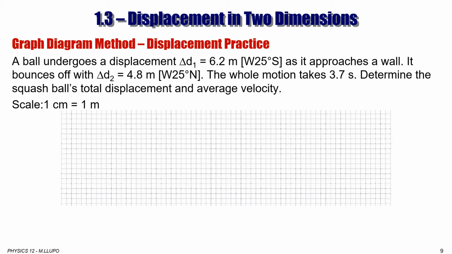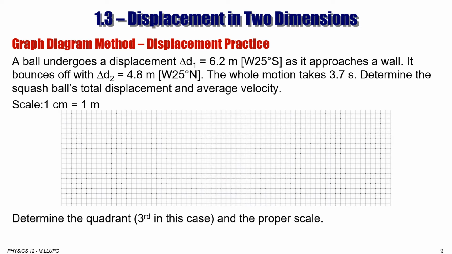But that's not all, because another important thing is to determine where those vectors are, in which quadrant. Because if you decide to use that coordinate system in the middle, that means that you are starting here in the middle, you're going out and you're going outside.